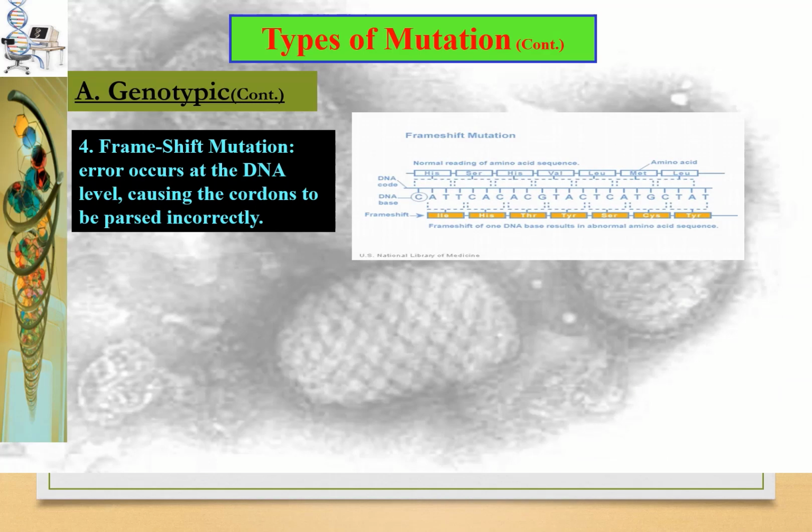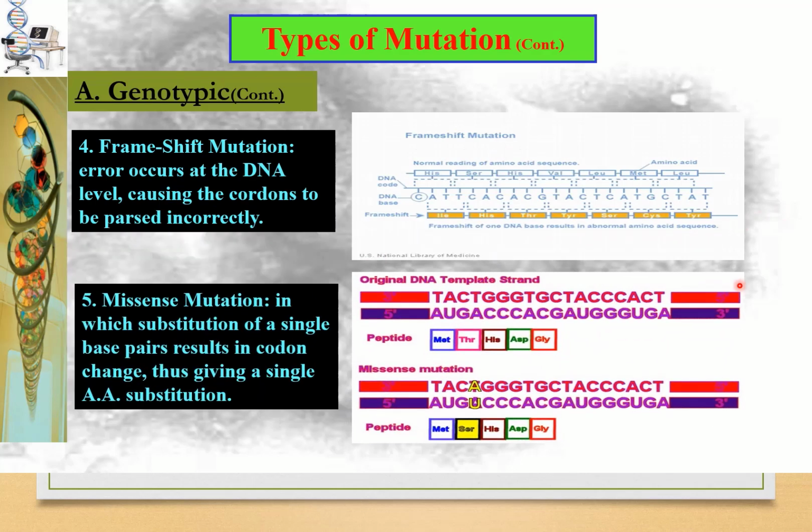A frameshift mutation error occurs at the DNA level, causing the codons to be parsed incorrectly. Missense mutation, in which substitution of a single base pair results in a codon change, thus giving a single amino acid substitution.